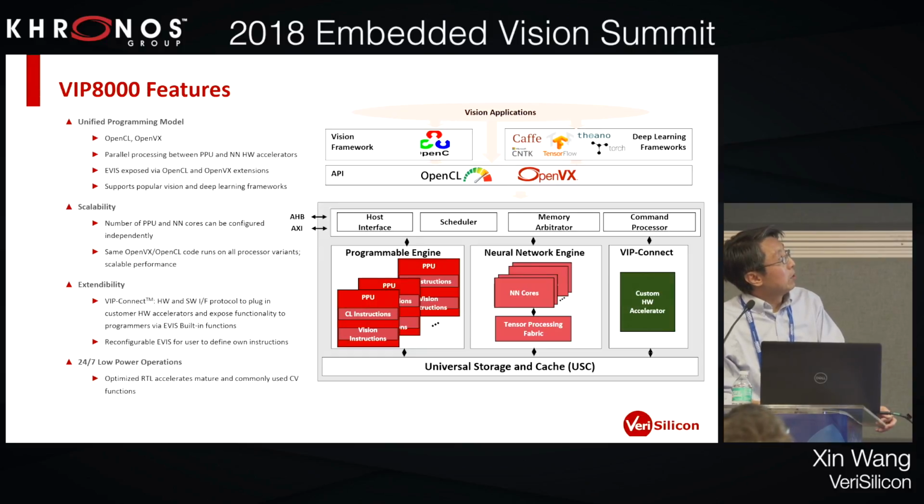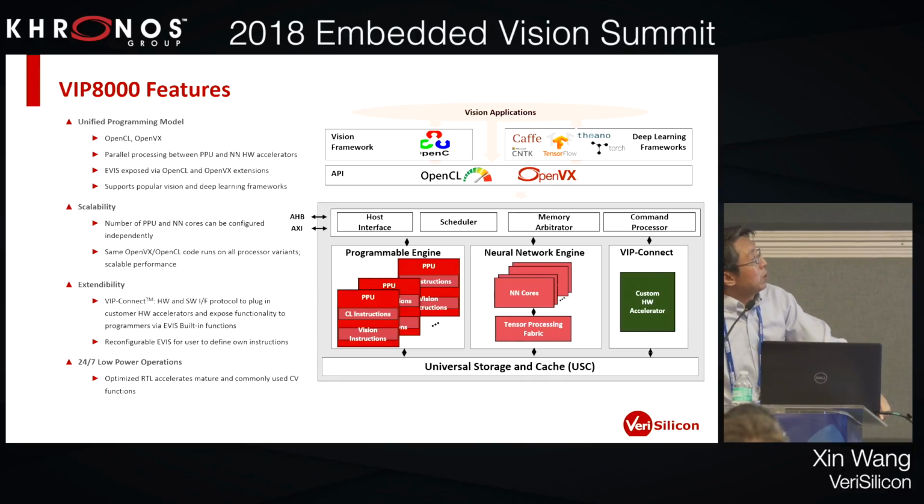Okay, so this is the VIP, basically the architecture features right now. We can support OpenCL and OpenVX, the fundamental major blocks for the software stack. Even though we have so many frameworks to support, later on we can convert all of them back to the OpenVX execution model.